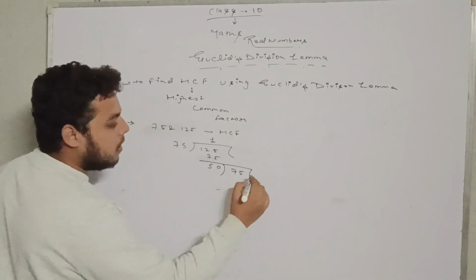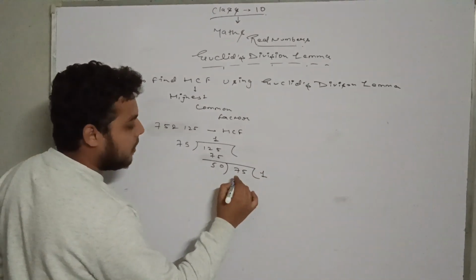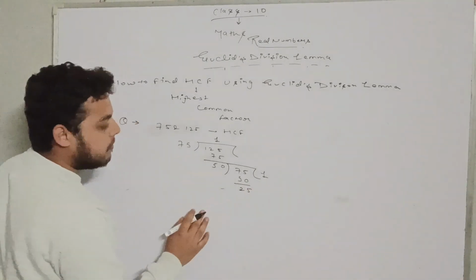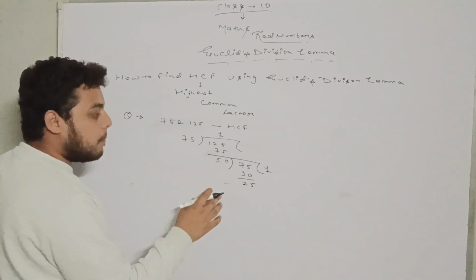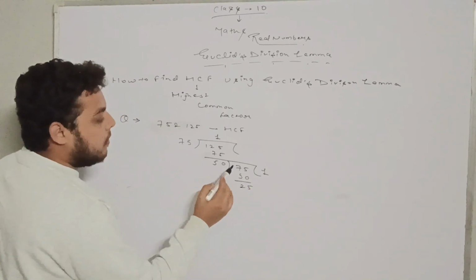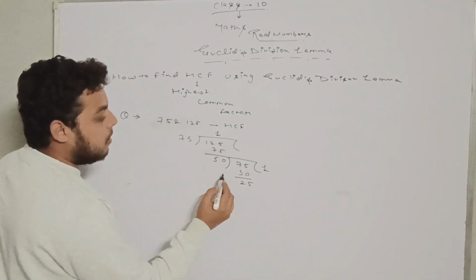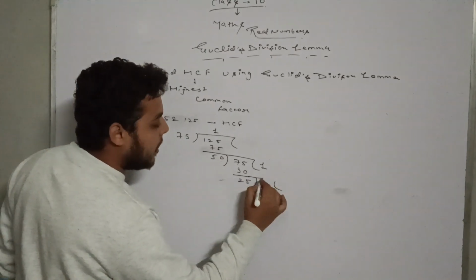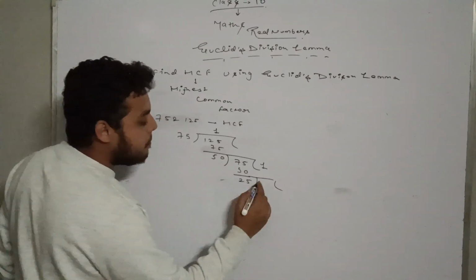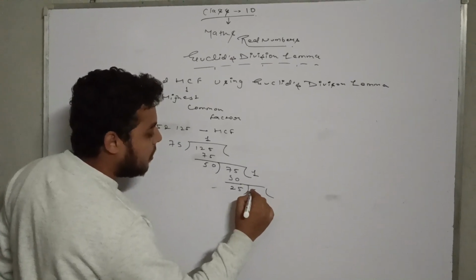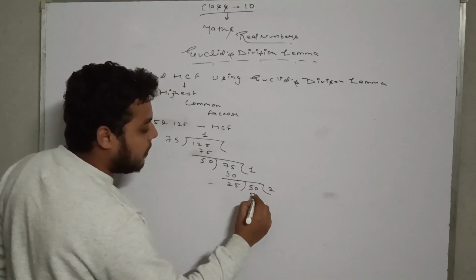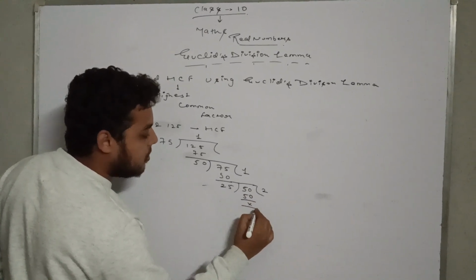Now I can say again 1 and I will get 50. The remainder is 25. In this step, the divisor of the previous step became the dividend, and the remainder became the divisor. I will take 50 here, and 2 times I can get 50. Now the remainder is 0.